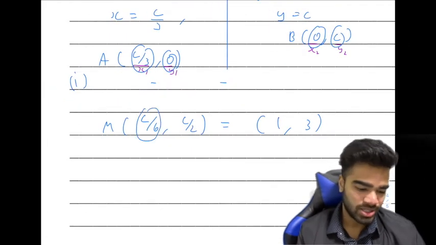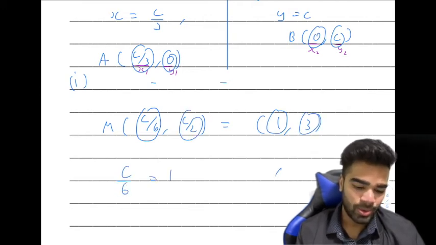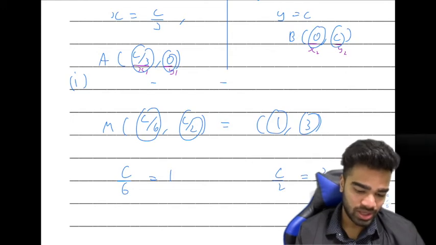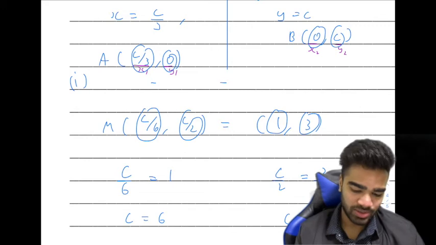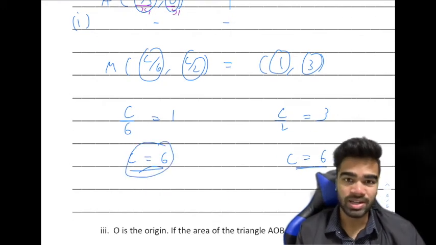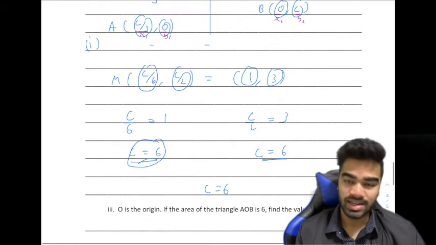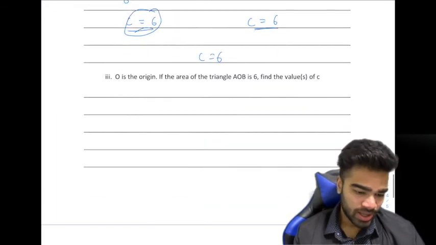It's really simple. You make the x coordinates the same, c on 6 is equal to 1, or you can make the y coordinates the same, c on 2 is equal to 3. So c is equal to 6, and you get the same result here. There's only one answer, you only have to write it once. c is equal to 6 is the answer. I hope you got that. That's the midpoint formula.